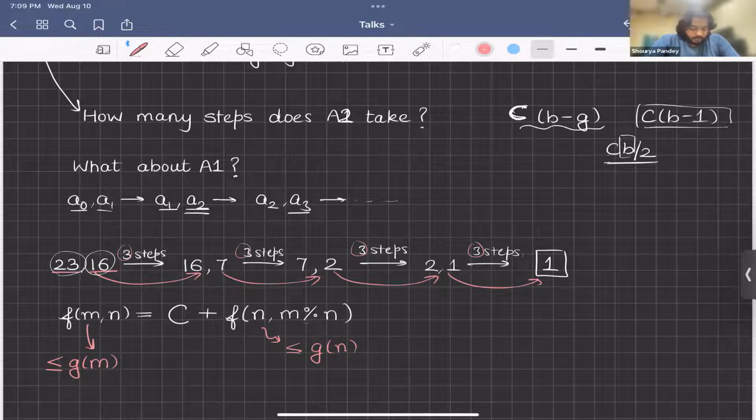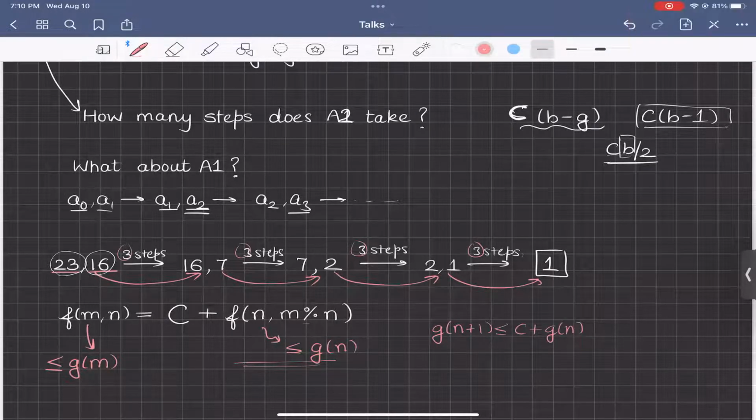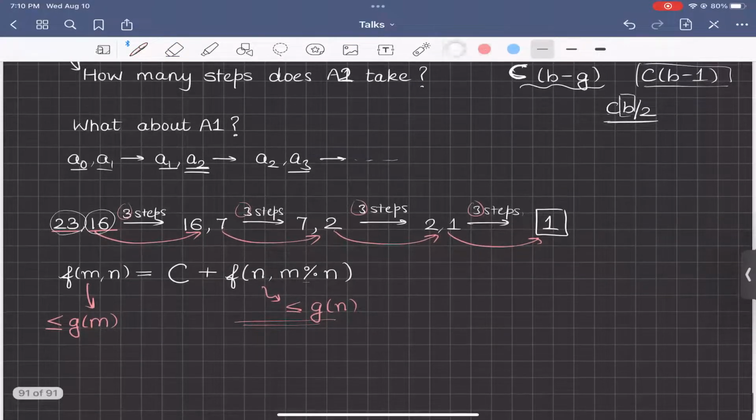Then if you apply the induction hypothesis, you'll only be able to say that g of n plus one is at most c plus g of n, which would just give me a linear bound. Sure. Some combination of these two things has to halve each time. So in log 2 of m plus n steps, it has to reach 1 or less. So that gives a bound.